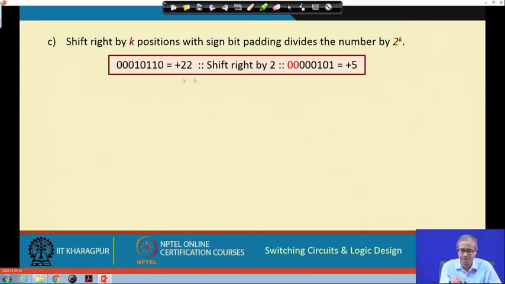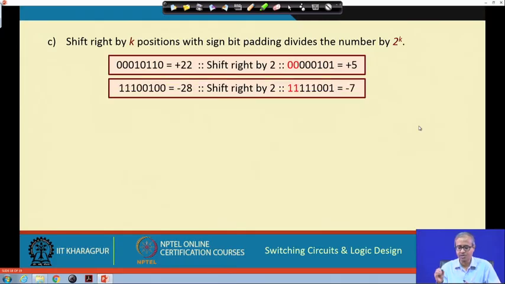So, again an example, this is a number, this represents plus 22, this you can check. If you shift right by 2, zeros will be inserted on the left. So, this becomes 5. So, 22 divided by 4 is 5 point something, if you ignore the decimal part, it is 5. But only one thing, if the number is negative and when you shift right, you shift the sign bit, do not shift zeros, you pad it with the sign bit.